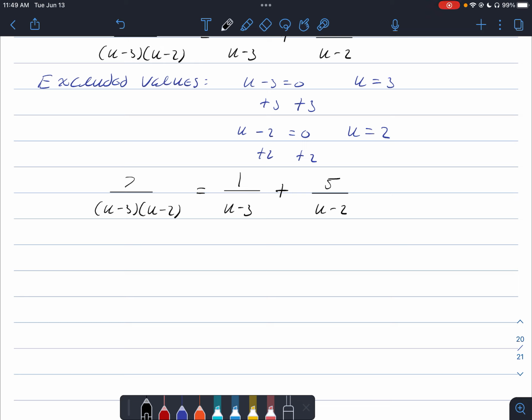In this situation, our least common denominator is u minus 3 times u minus 2, okay? So if we multiply both sides of the equation by u minus 3 times u minus 2, we should be able to clear all of the denominators and have it simplified to some quadratic equation.